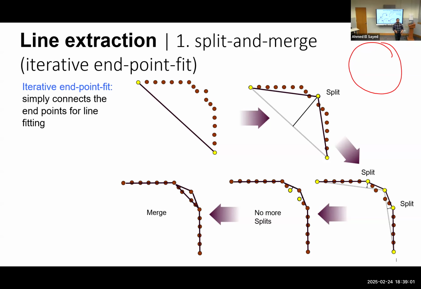Are all of those lines? No. When I say line extraction, it means I want to extract the mathematical equation of the line in space. What is the mathematical equation of a line?